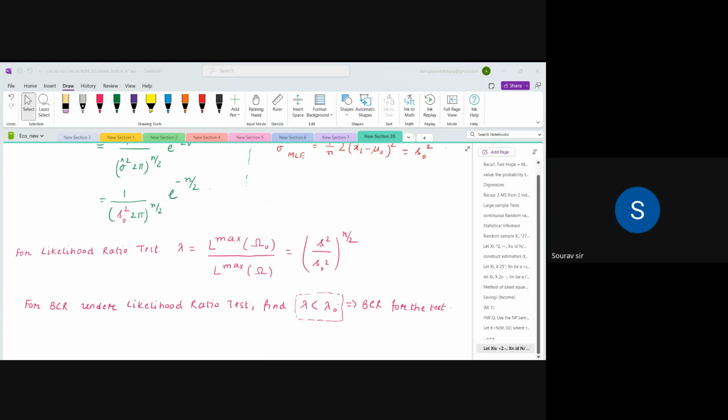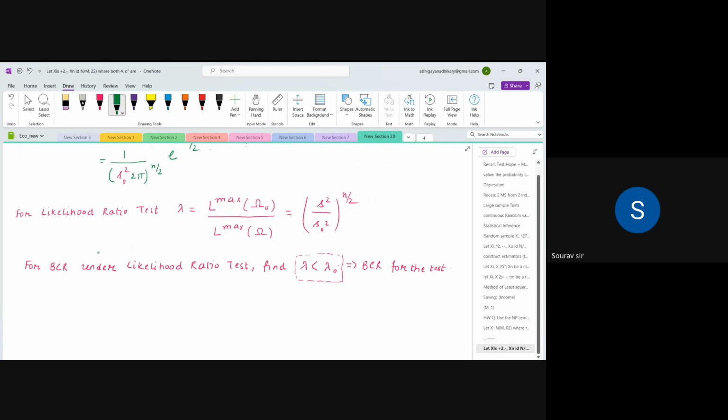Okay, is it understood by everyone? Yes. Okay. And how will you find this lambda naught? You will find this out from the level of significance, right?